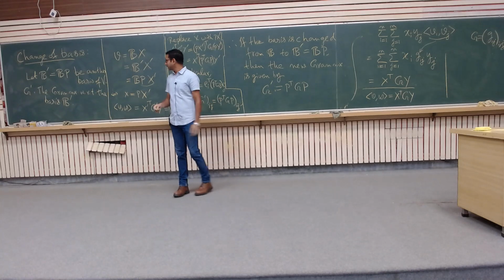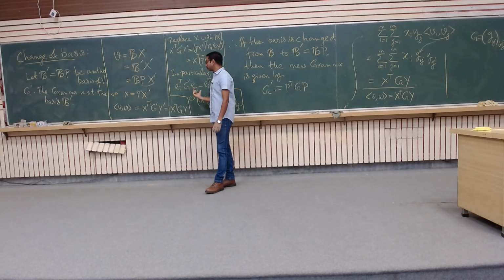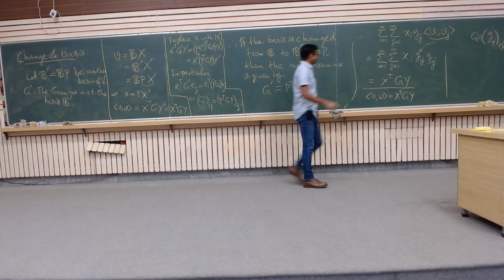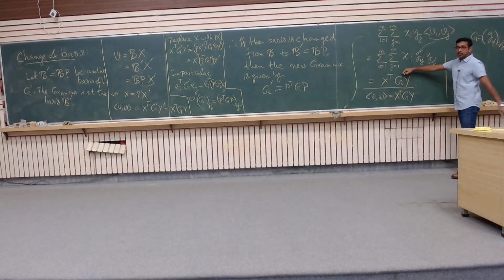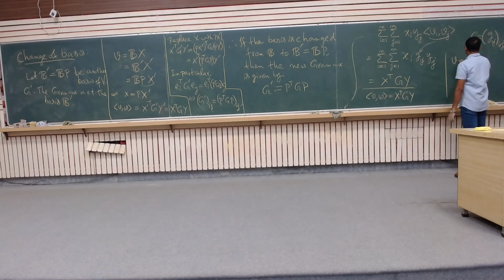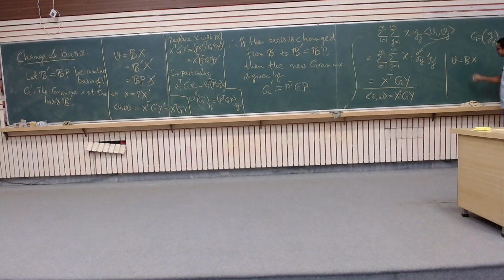So earlier we asked how the matrix of the dot product changes if we change the basis, right? This was a gram matrix of a general bilinear form, and in particular, if we consider dot products, we saw that V is given by Bx, and W as By, where B was given by the standard basis.